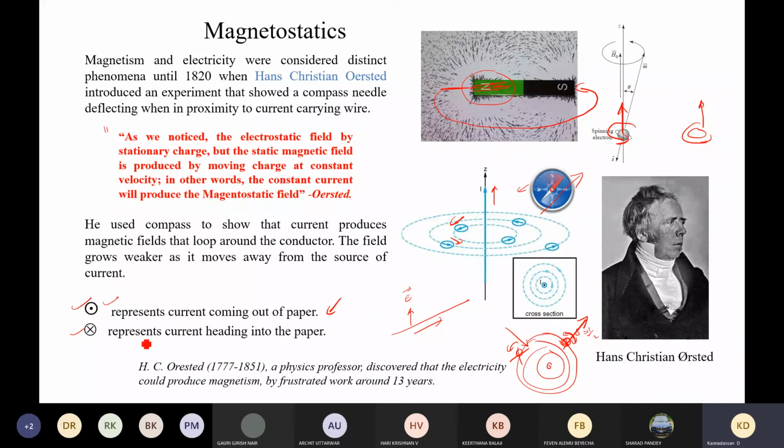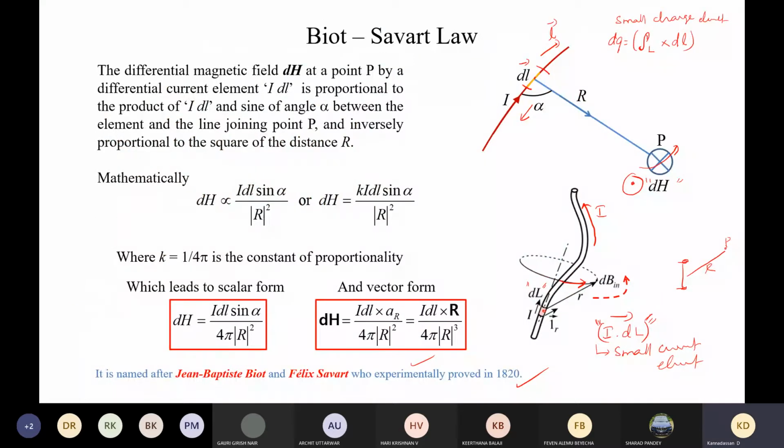And whenever you have a cross with a circle, you can assume the current is heading inside the paper. Here the current is going in the top side, and we can see that it is going inward to the paper or screen, which we have as the reference here.